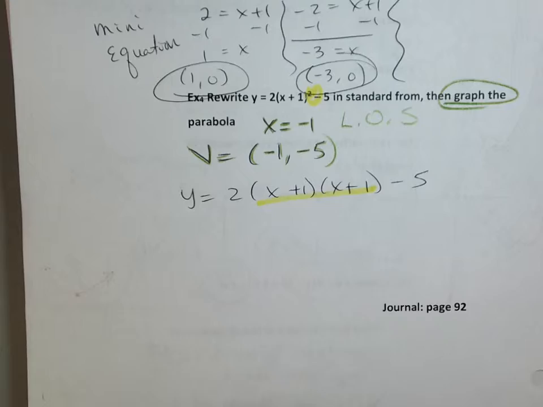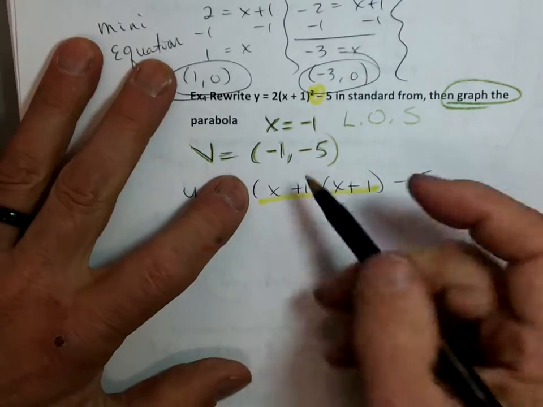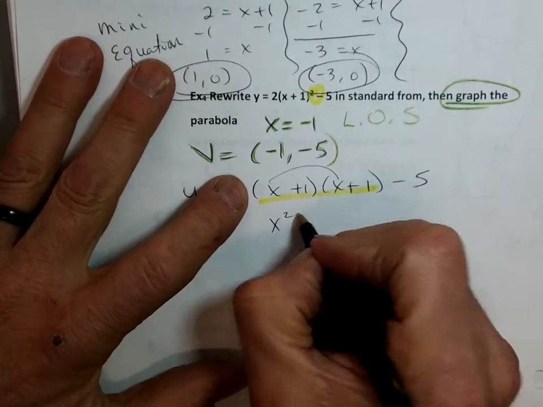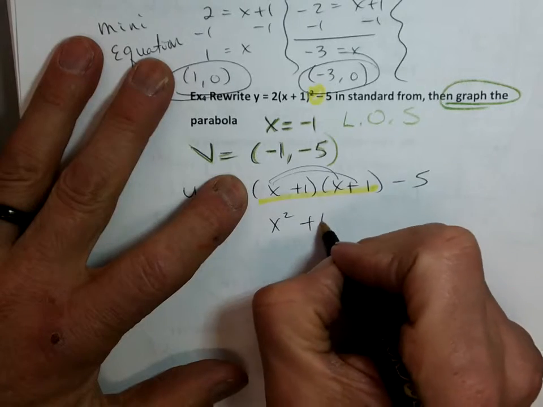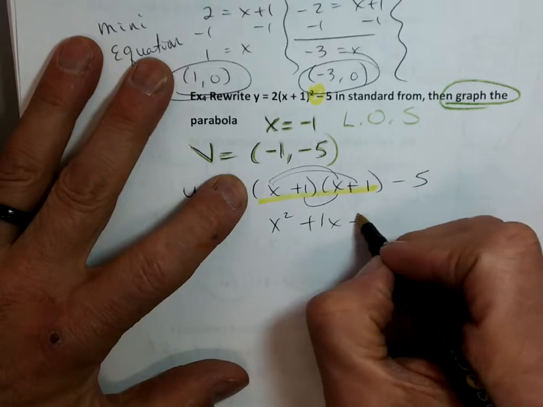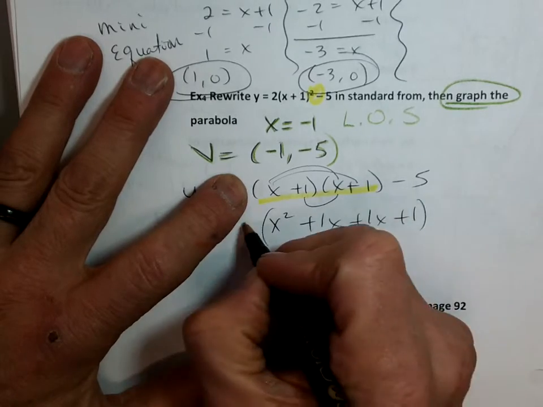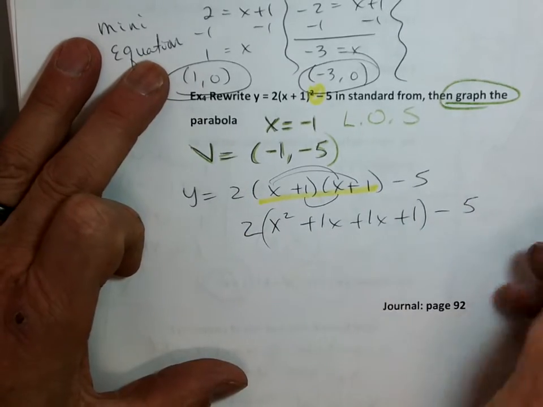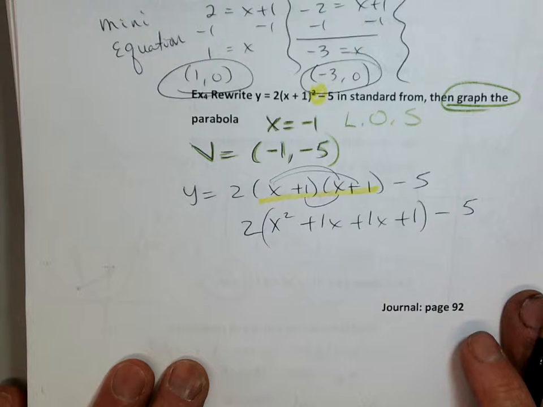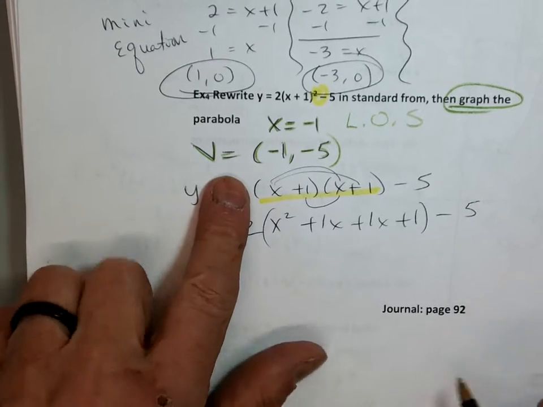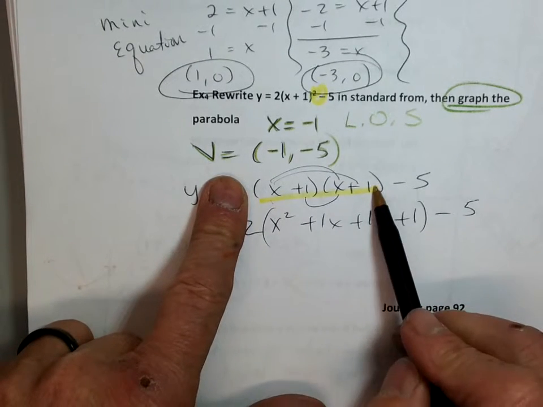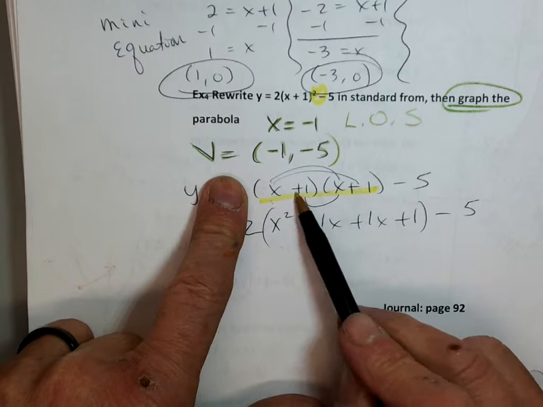I'm going to FOIL. x times x. x times 1, 1x. 1 times x, 1x. 1 times 1 is a 1. Times my 2. I just went x times 1, 1 times x, and 1 times 1.